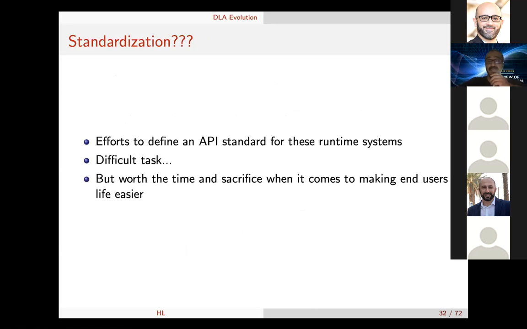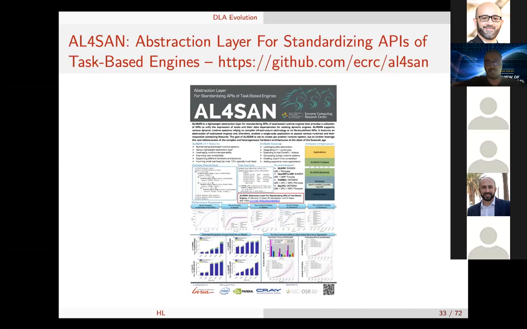Standardization is really critical. There are so many runtimes available out there that we need to abstract them. What we do here in our center is use a library called LA4SAN that abstracts all those runtimes. I write my code once, a code that has some fine granularity and tasks, perhaps embedded in four nested loops, and I call LA4SAN as an API to queue and run tasks.